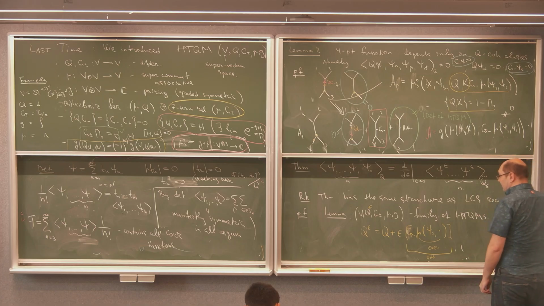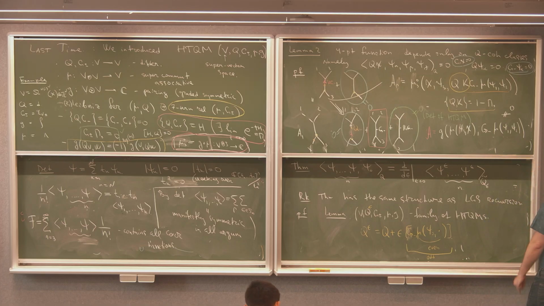There is one property that is the essential one, and the rest of the properties are just technical, due to the fact that we defined our HTQM in a rather technical way.